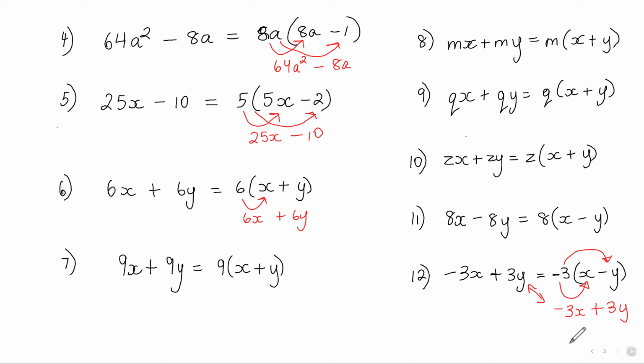All right, so given that piece of information, Faith, help me with another one like it. If I had, for example, negative 7x plus 7y, Faith, what would it be? Negative 7, open brackets, x minus y. That's right, because you want to make sure that you get your signs correct.